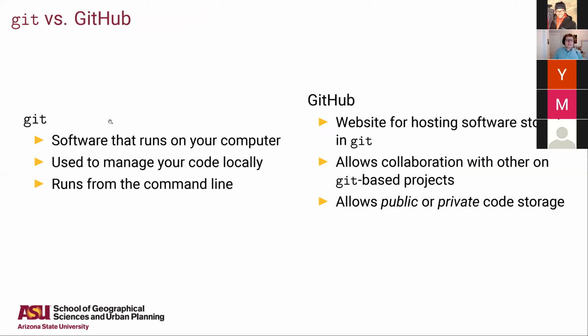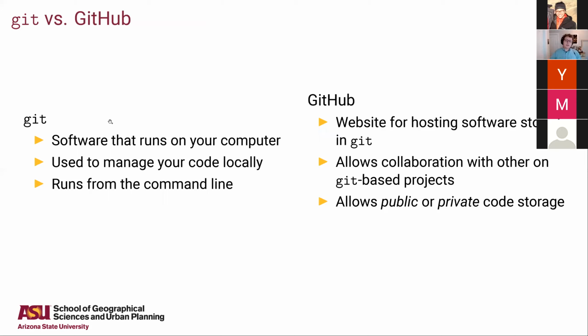So just wanted to make sure it's clear the difference between Git and GitHub. Git's software that runs on your computer, and you use it to manage the code that's local on your computer, on your hard drive. And that program runs from the command line on your computer, so you're interacting with it by typing commands. GitHub is a website for hosting software that you manage with Git, and it allows collaboration with others on those Git-based projects.